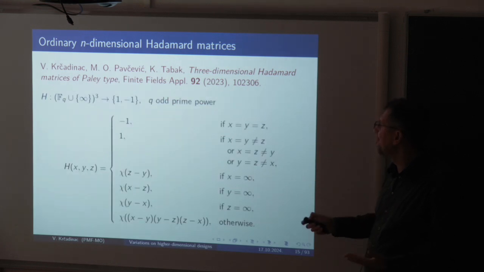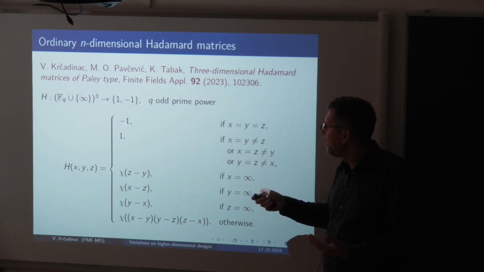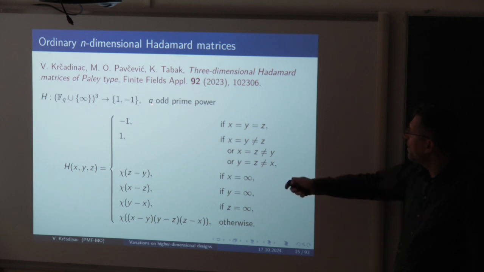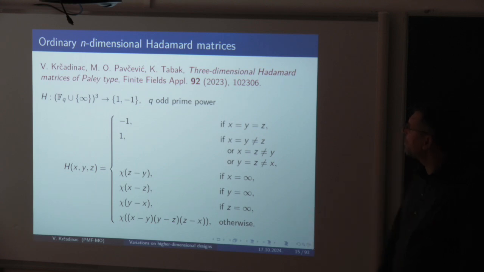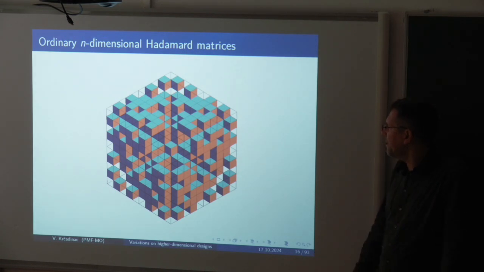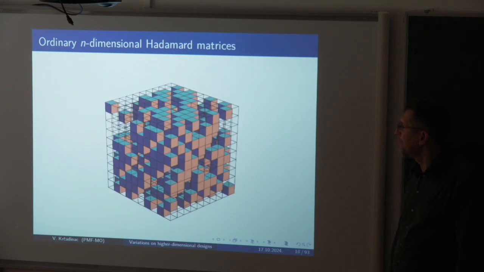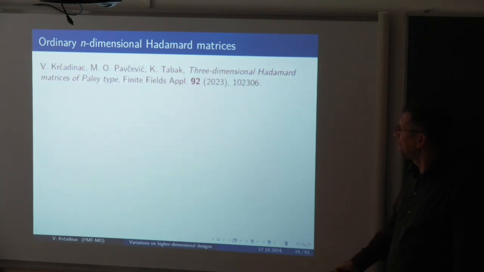This is a generalization of Paley's constructions from finite fields. Here's a huge formula which will give you, for any odd prime power q, a 3-dimensional, so you have 3 coordinates, Hadamard matrix of order q plus 1. For example, if you take q=9, then you will get an ordinary 3-dimensional Hadamard matrix of order 10. Here's from some other viewpoints. And this first picture, how did we get this huge formula?